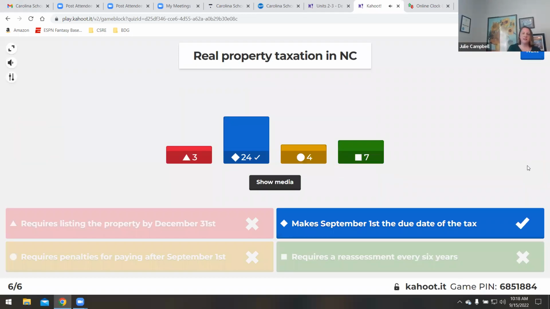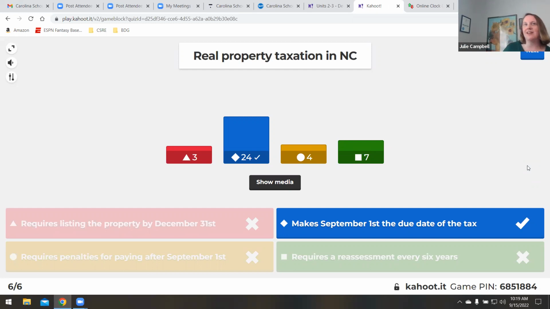Real property and taxation. Back to our taxation timetable. Where was that? Page 64. Taxes are due on September 1st of every year. So we talked about our taxation timetable. The bill comes out in August. They're due on September 1st.